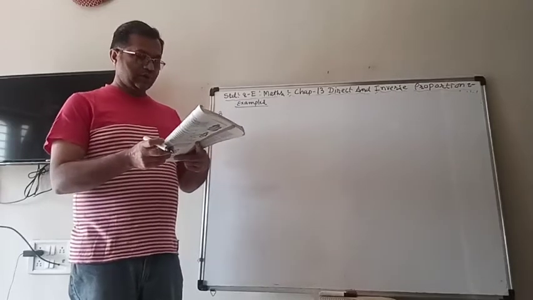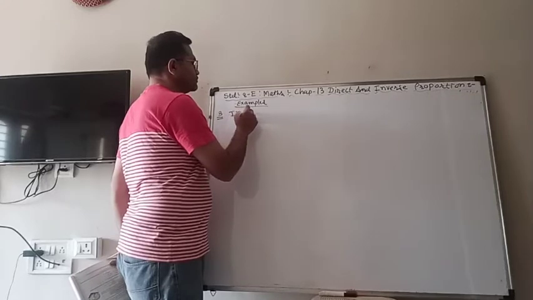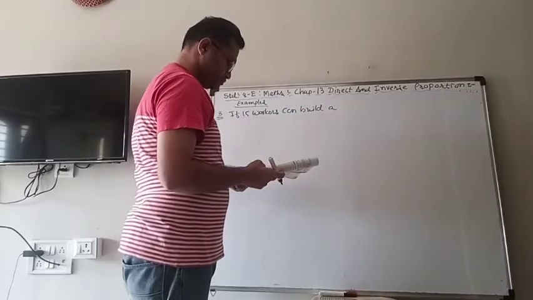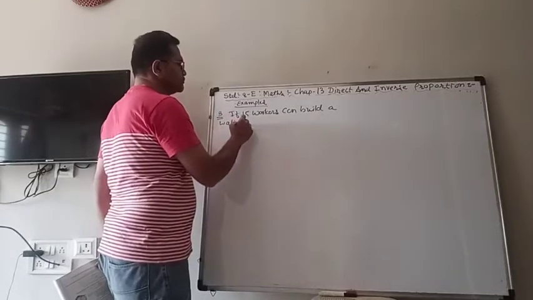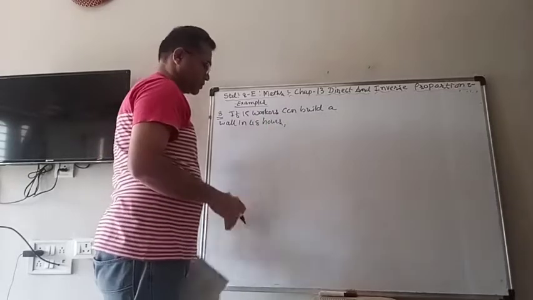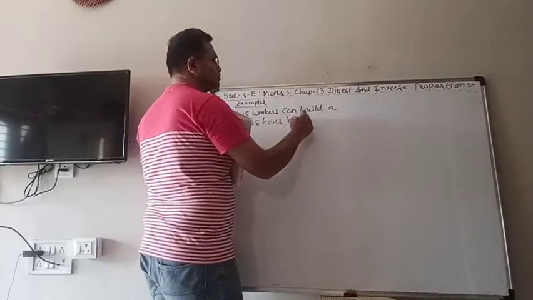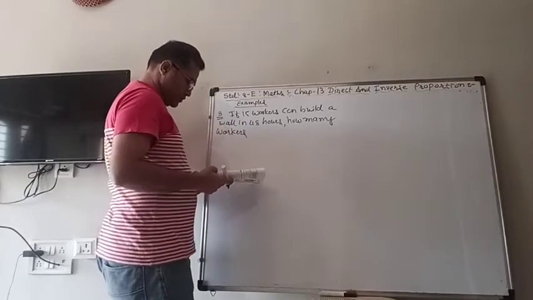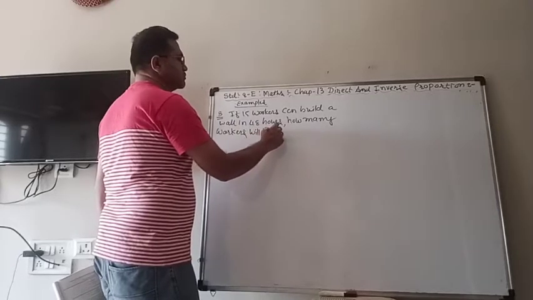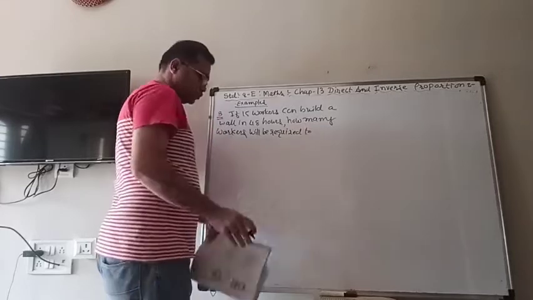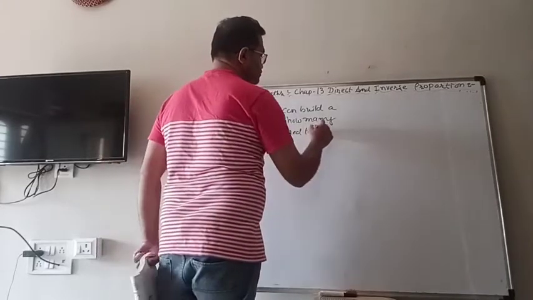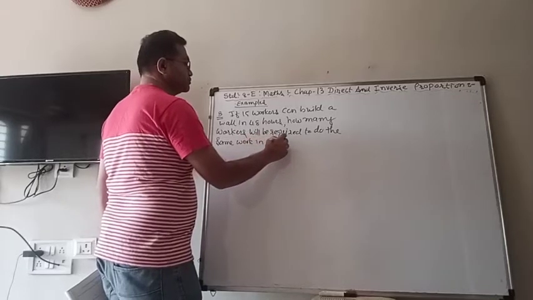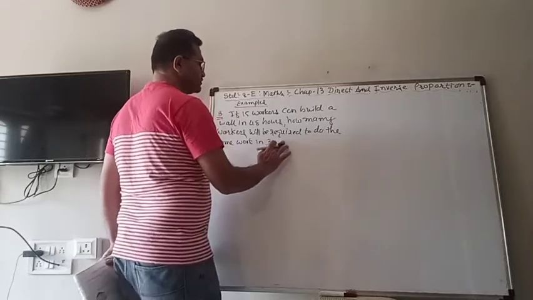Next example now. If 15 workers can build a wall in 48 hours, how many workers will be required to do the same work in 30 hours?